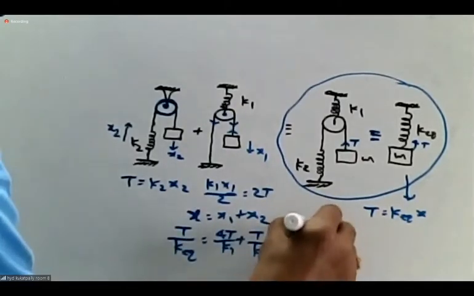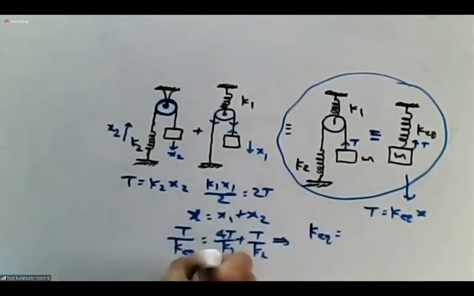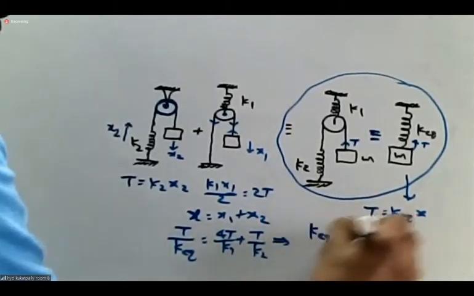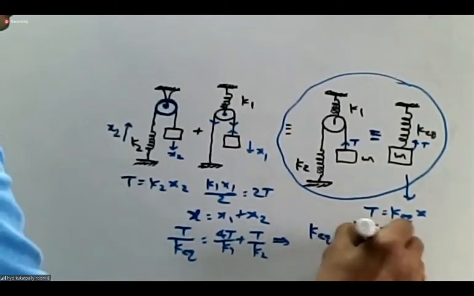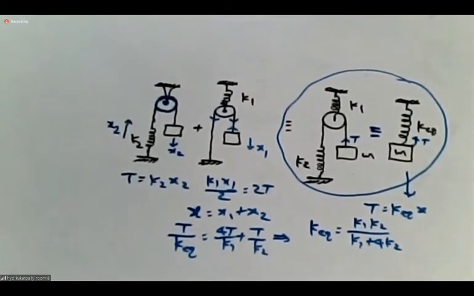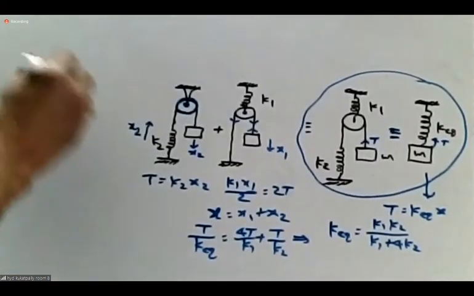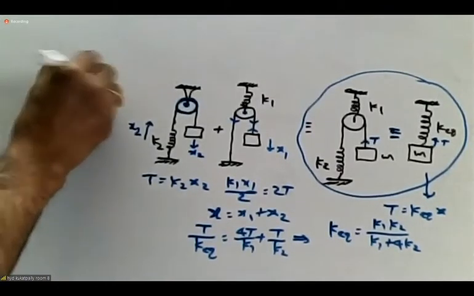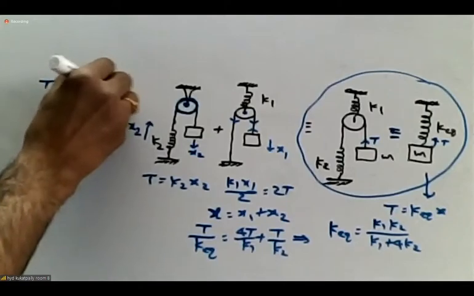Rearrange. K equivalent is equal to, what do you get here? K1 K2 by K1 plus 4K2. Time period T is equal to 2 pi root m by k.